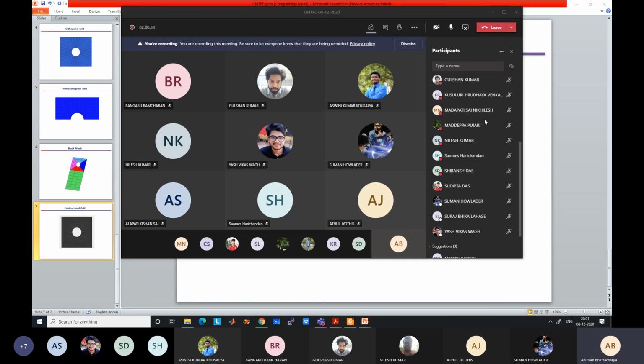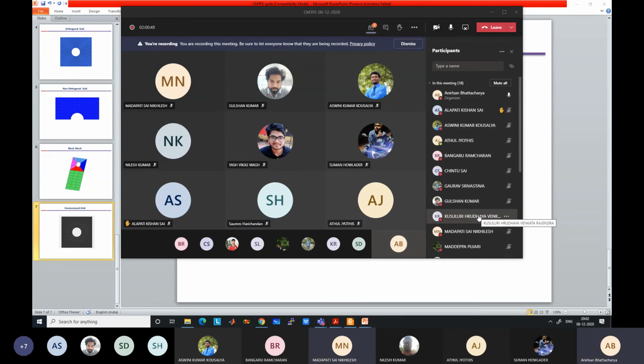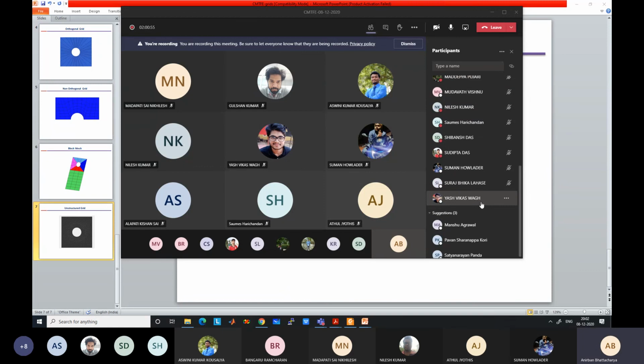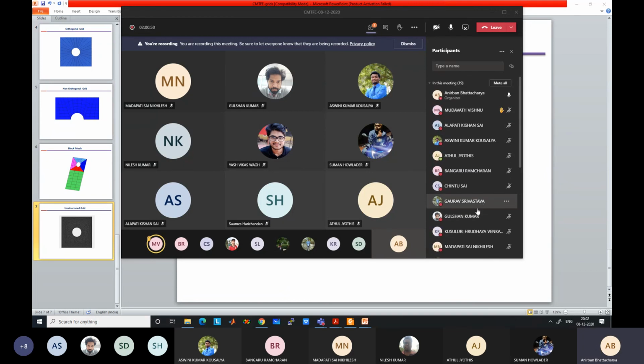Suraj is present. Paritosh, I don't see. Aniket also I don't see. Alapan not present. Yash is present. So only Nikhilesh and Yash from the BTech batch.